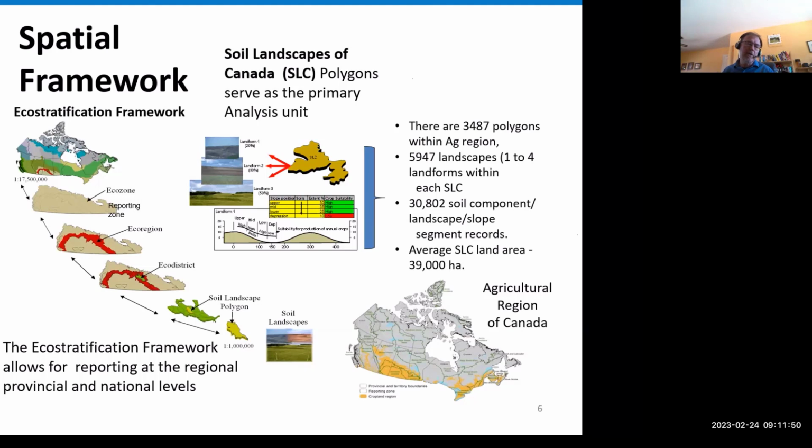And the reporting actually gets done at the eco zone, actually what they call reconciliation units, which are eco zones split along provincial lines. Within the SLCs, there are about 3,500 polygons. Within those polygons, there's close to 6,000 landscapes, and there are 30,000 soil components. And the actual calculations are done at that soil component level. So we calculate for each of the soils within the SLCs.